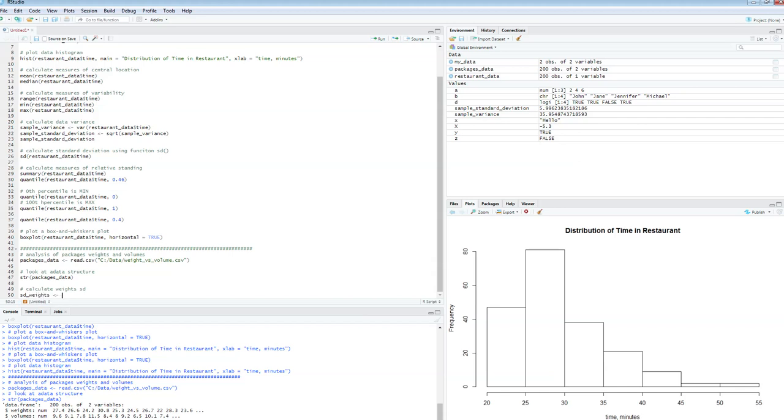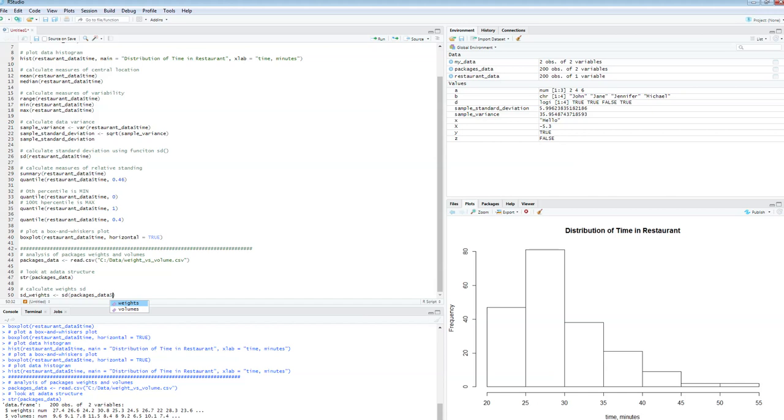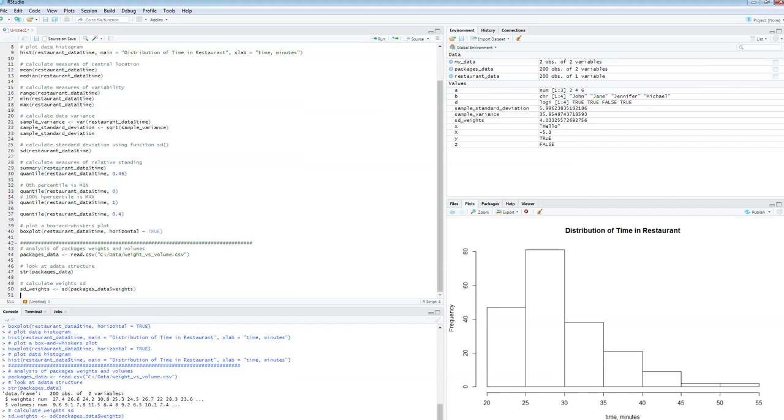I'm going to save it in the memory under the name SD_weights. I use the function SD, standard deviation, and obviously I have to point to the right column in my data. Now I have two columns, unlike what I had before. So packages_data, dollar sign, and I have to pick weights. Bam.